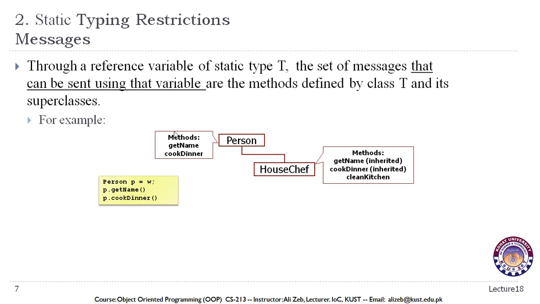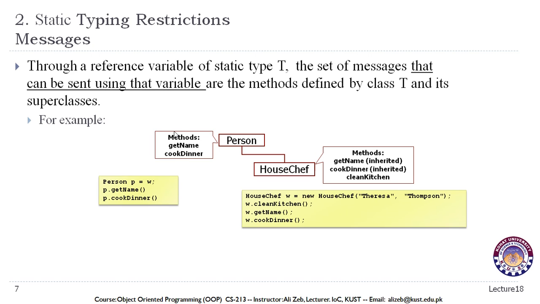So when we declare an object of the person class, for example, p.getName, p.cookDinner, these are valid. So we can call the superclass methods with the object p, and when we have an object of the subclass, like for example houseChef, then we can call all the methods of the subclass with the object of the subclass.